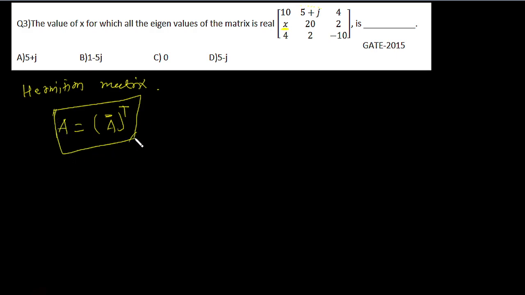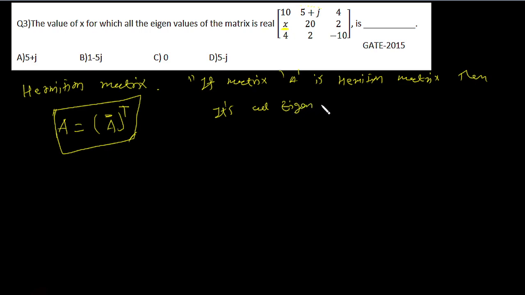Okay, a Hermitian matrix is only defined for complex numbers. For real numbers we have symmetric and skew symmetric, and for complex numbers we have Hermitian and skew Hermitian. Now the Hermitian matrix has another property: if a matrix A is Hermitian, then all its eigenvalues must be real.